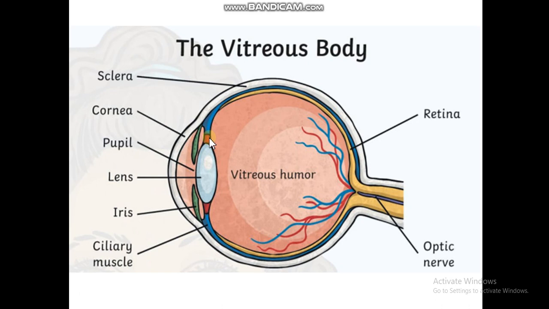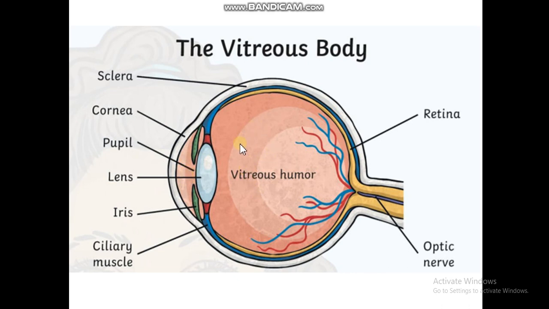Ciliary muscles help to attach the lens in the eye. Before the iris there is one portion where some liquid is present, and this liquid is known as aqueous humor. The liquid present before the iris is known as aqueous humor.